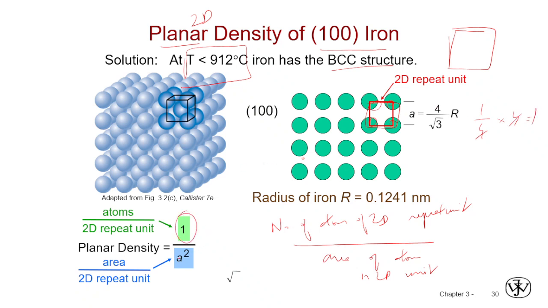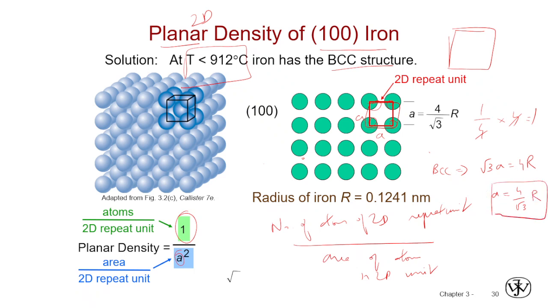The area of the repeat unit is a square, so the area is a square. But to find out the a, we have already done the BCC calculation, right? The answer was root 3a is equal to 4r, is it not? So the a value will be 4 by root 3 into r.